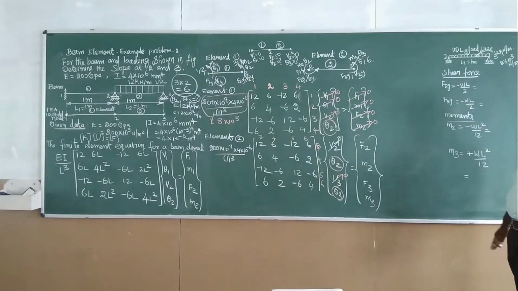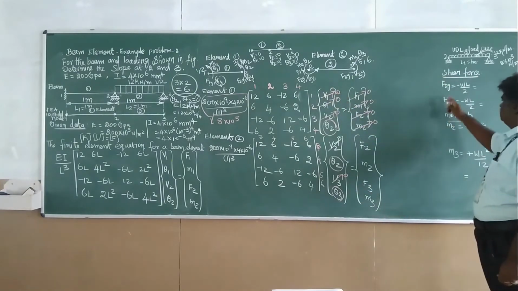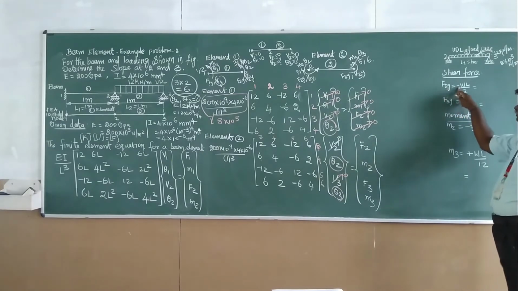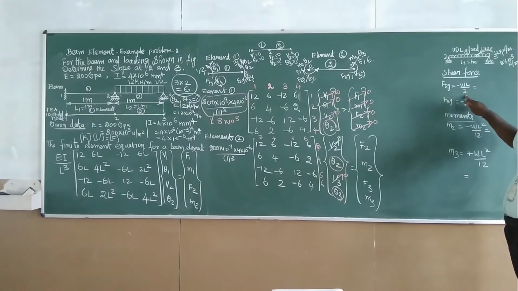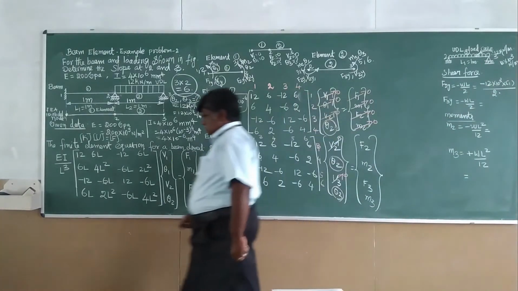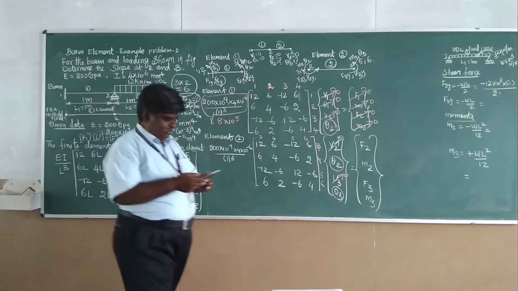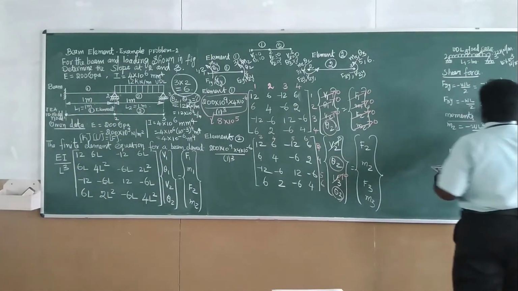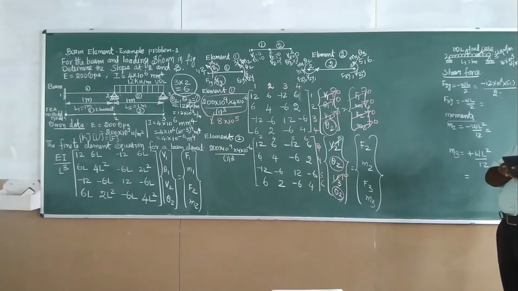Shear force we first calculate at nodal point 2, that is F2y equals minus WL divided by 2, where W is 12 into 10 power 3 and length is 1, divided by 2. Using your calculator, calculate the shear force at nodal point 2: 12 into 10 power 3 divided by 2.